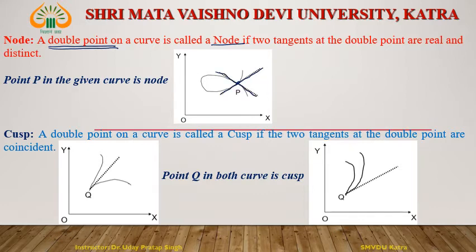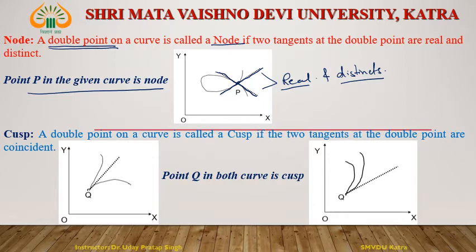These two tangents are real and distinct. Then this type of point is known as a node. In this example, P is the node point. Okay, see what is a cusp.